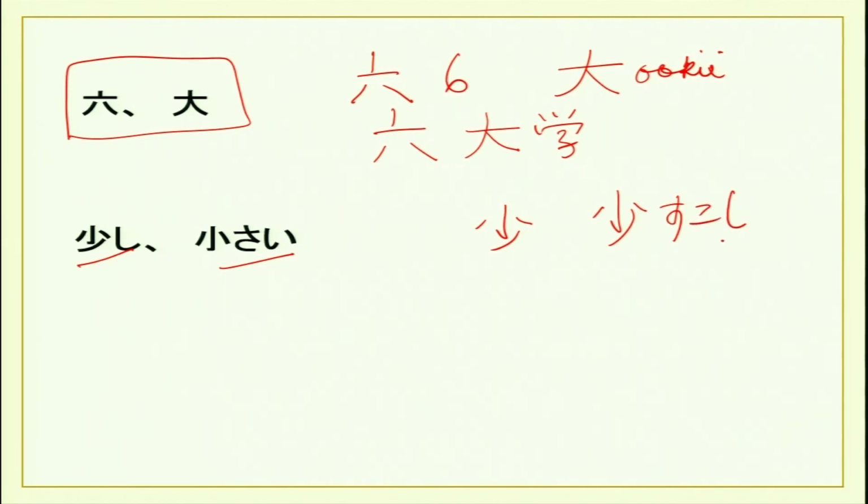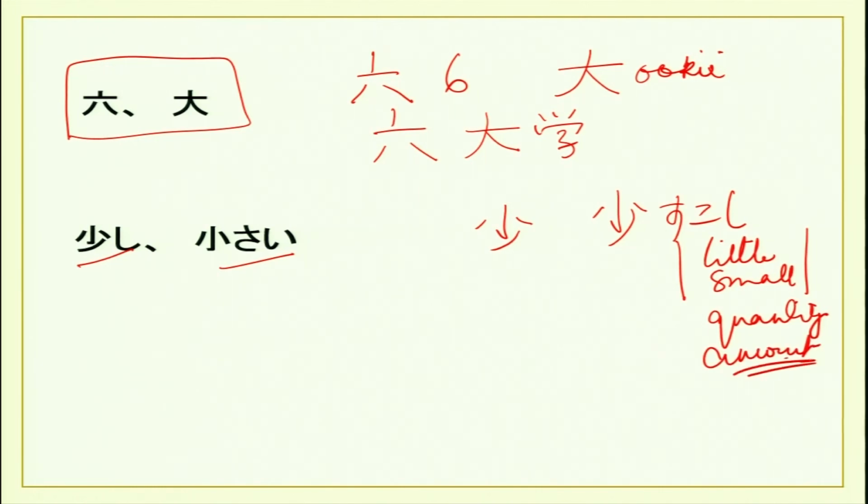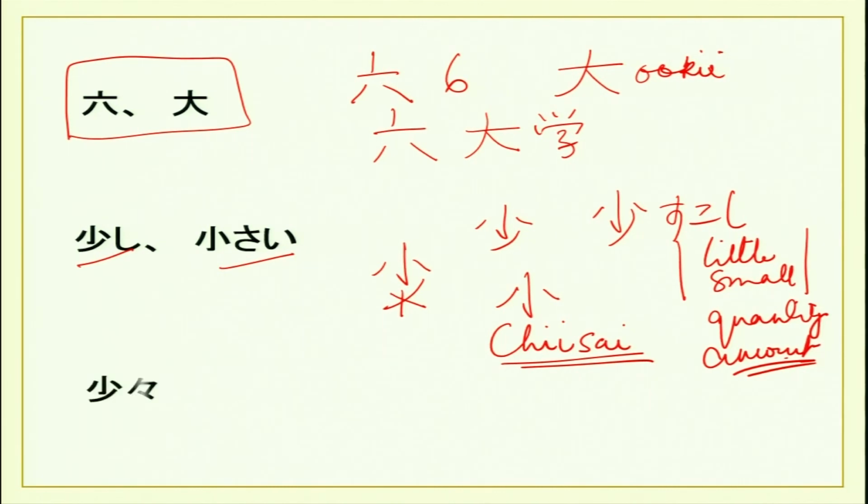Sukoshi means little or small, but is used for quantity or amount. And chiisai is like this, which is similar, only this is missing in chiisai. So chiisai is like this. Chi-i-sai. Similar looking kanjis, so remember them.